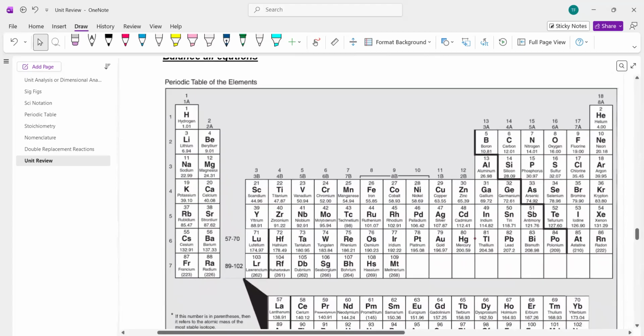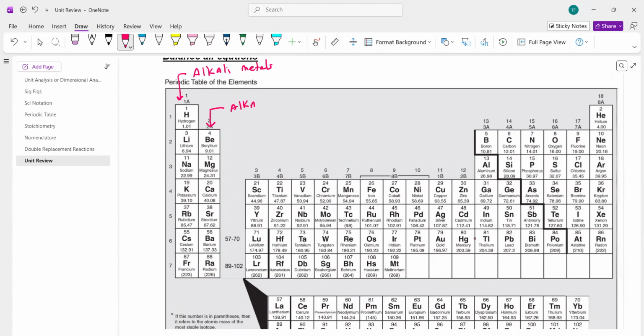Okay, so you need to know the 4 groups. So this is the halogens.